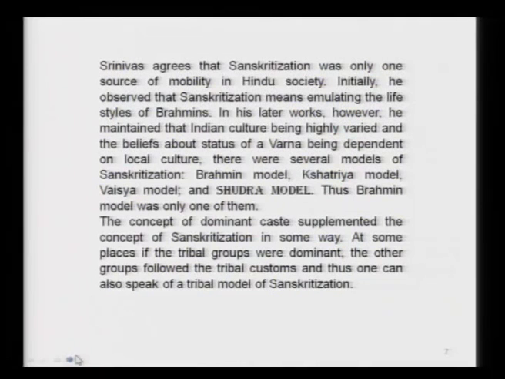Initially, he observed that Sanskritization means emulating the lifestyles of Brahmins, but later on he gave the idea of dominant caste, and the dominant caste can be any. Dominant caste can be Brahmins, Kshatriyas, or Vaishyas. In certain regions, dominant caste can be scheduled castes or scheduled tribes, and in some areas dominant caste may be Muslims also.